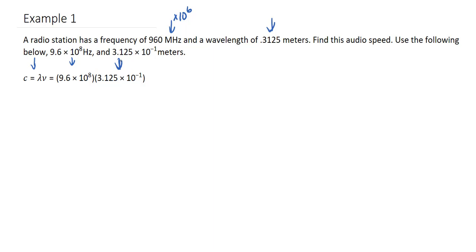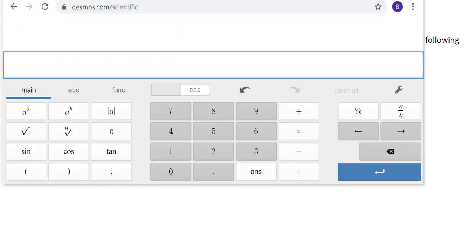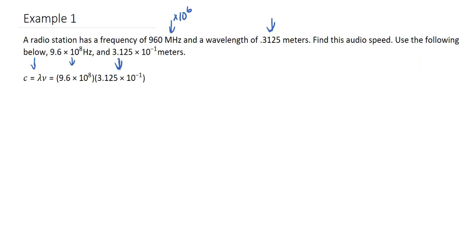So now let's solve for C. Remember, we're just going to multiply the numbers together. So let's get our calculators out. We have 9.6 times 3.125, so we get 30.